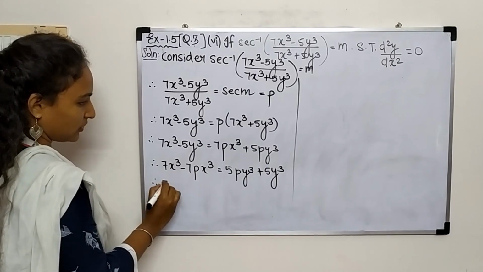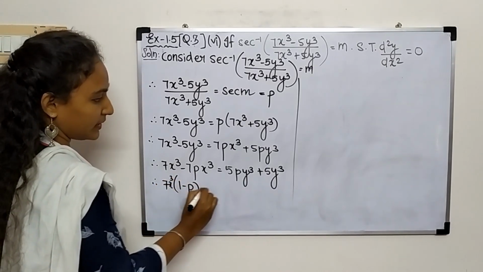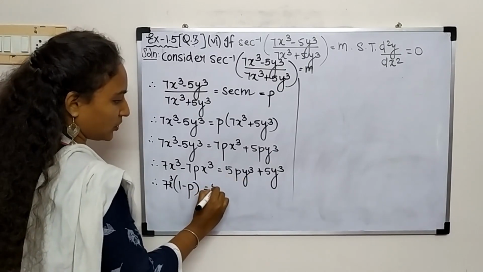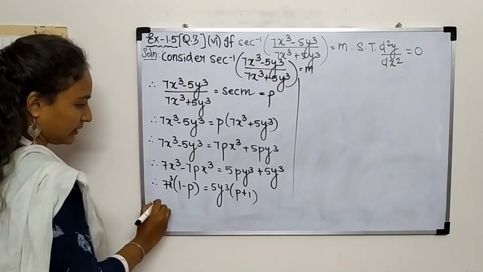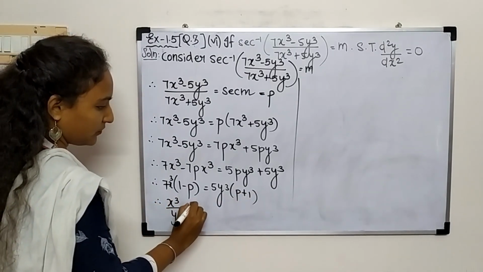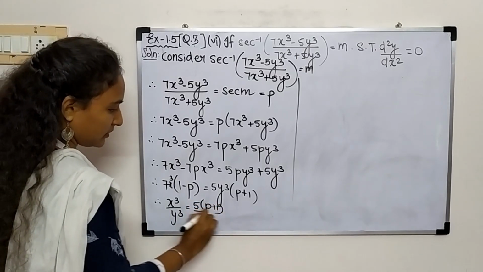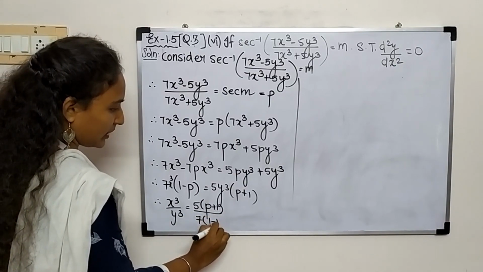Therefore take a 7 common, 7x cube common, so we get 1 minus p. Here 5y cube common, so we get p plus 1. Therefore x cube upon y cube is equal to 5 into p plus 1 upon 7 into 1 minus p.